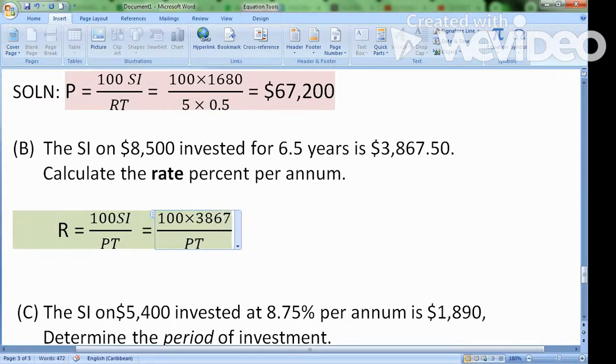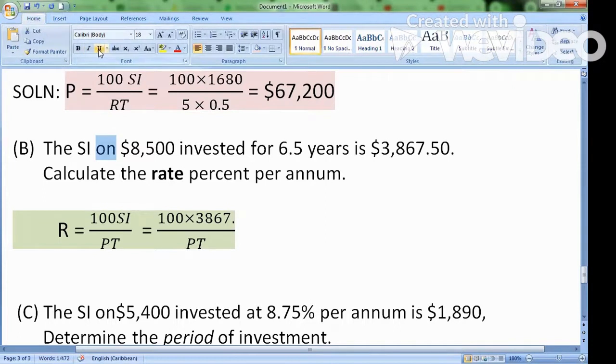Can someone tell me why it couldn't be the 8,500? Because the principal is bigger. Right, very good. Principal is always bigger than the simple interest. The thing about it, it didn't say the simple interest is. Look at it.